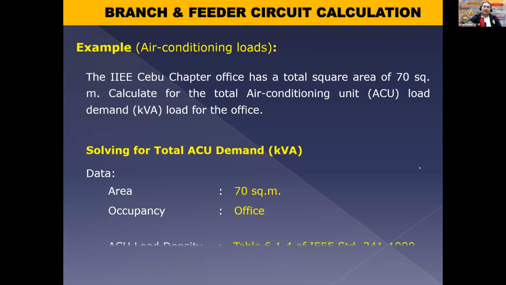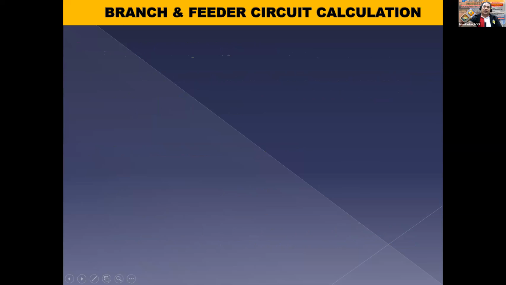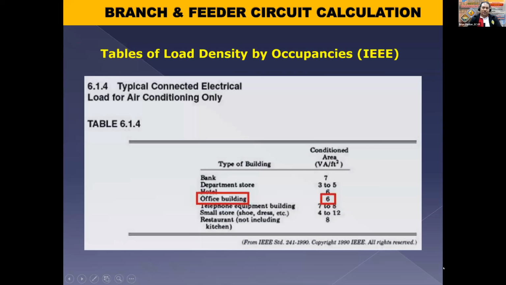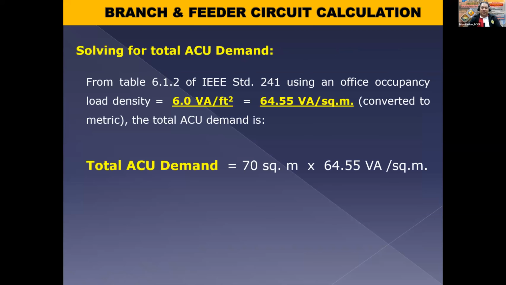For an air-conditioned area, there's a specific type of occupancy or type of building, and then there's a low density table. For office buildings, VA per square foot, the low density. Okay, these are the calculations. How much is our total demand? It's 7.27 kVA. This is the low density, our assumption for the office building of the Cebu chapter.